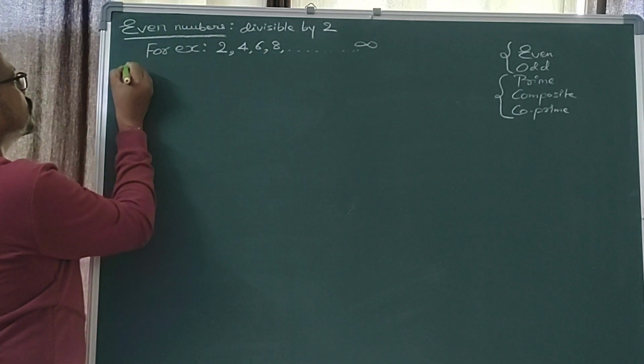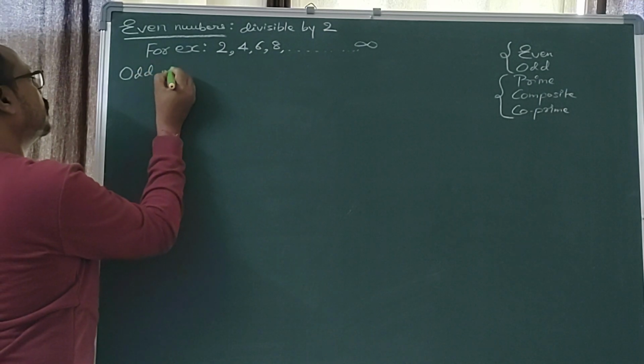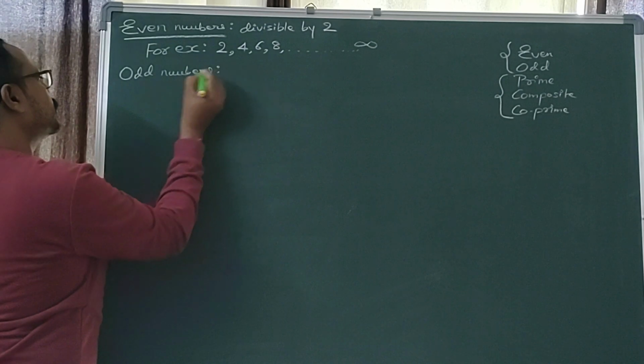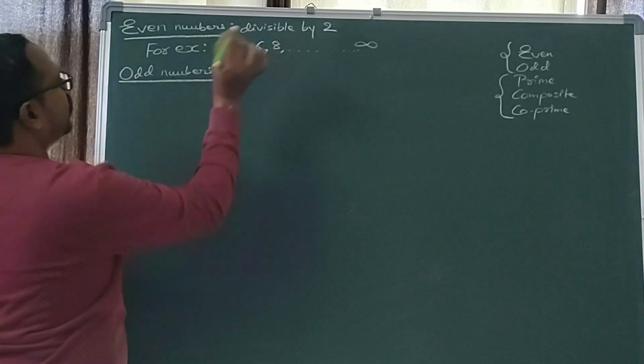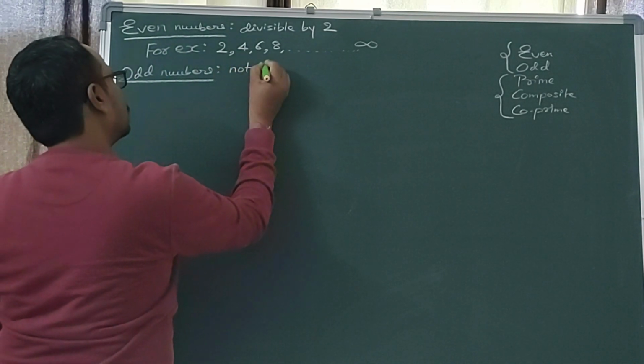How about odd numbers? Odd numbers are those numbers which are not divisible by 2.